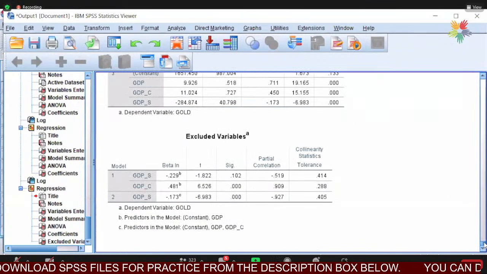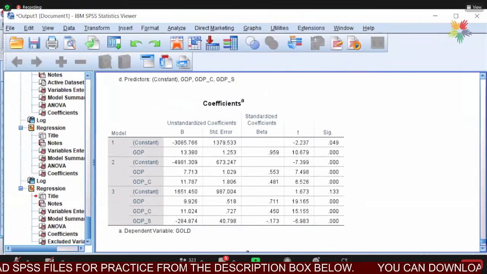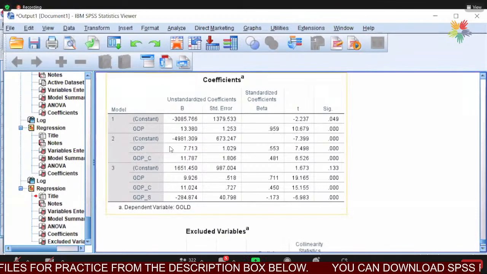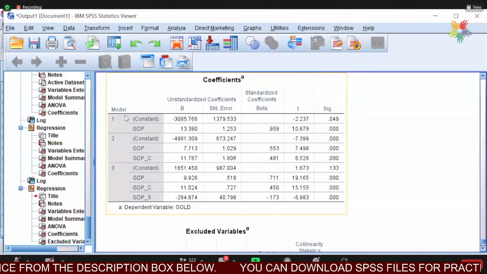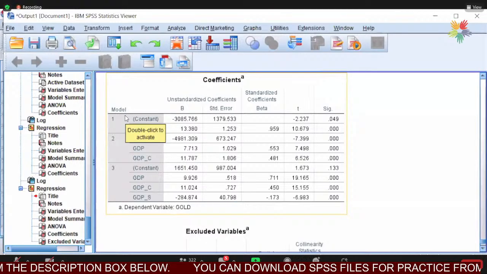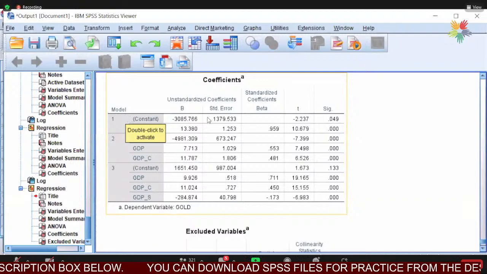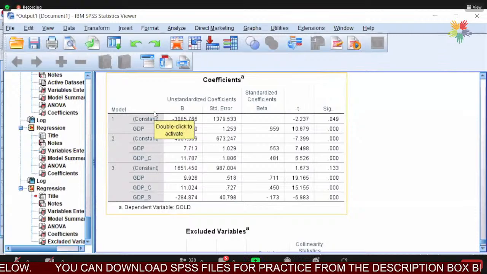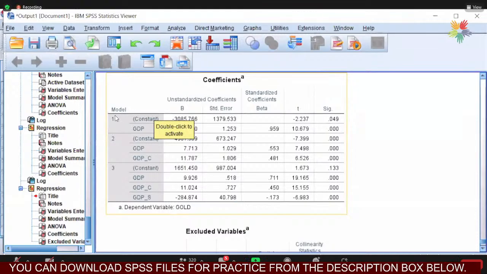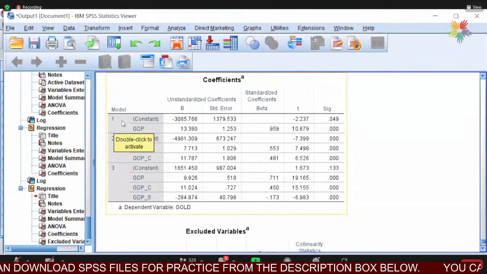okay, you can notice now. See here, coefficient, right? See here, GDP, right? We know already, GDP is the most influencing variable. That is why it has taken that variable first, right? Look at the model, first model 1.